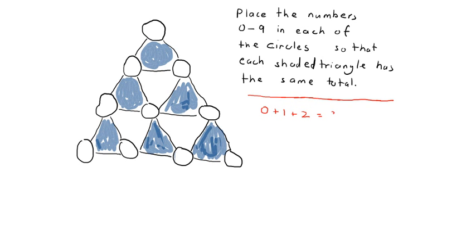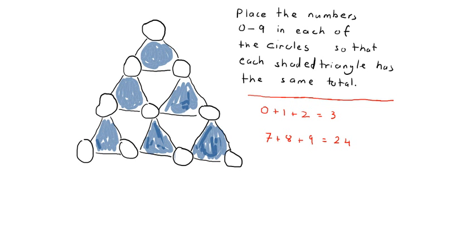The largest possible triple would be 7 plus 8 plus 9, which is 24. So the totals must be somewhere between 3 and 24.